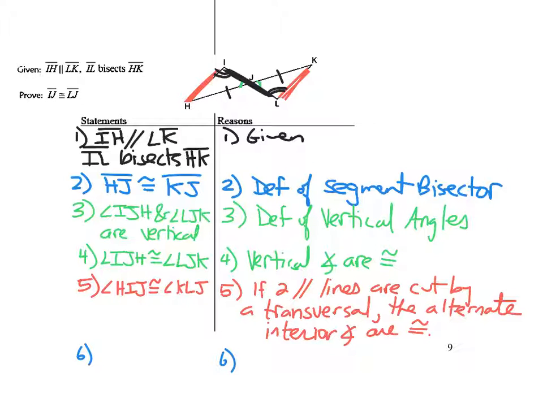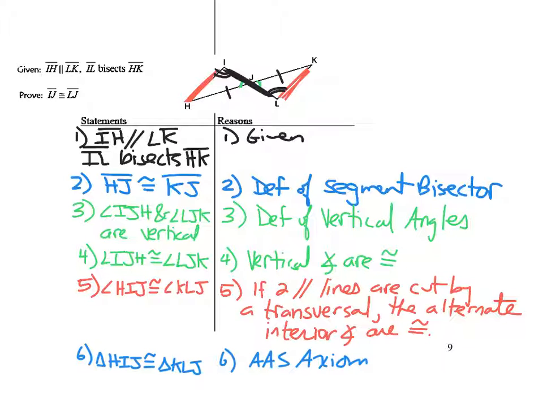So anyway, I'm going to state now that the triangles are going to be congruent, HIJ congruent to triangle KLJ, and this is by two angles with a side that's not included in between, so angle, angle, side, axiom.